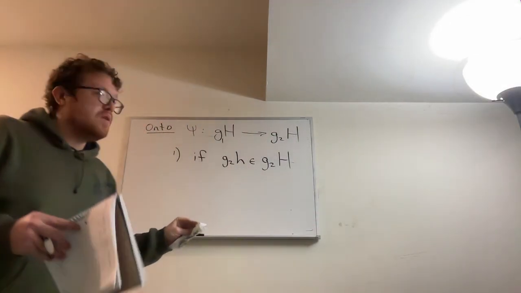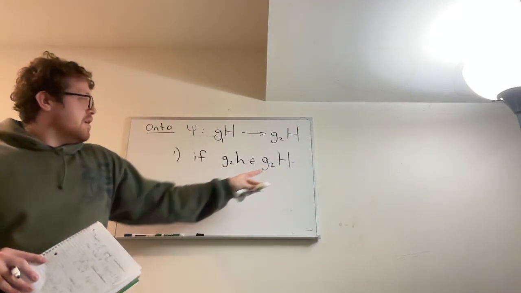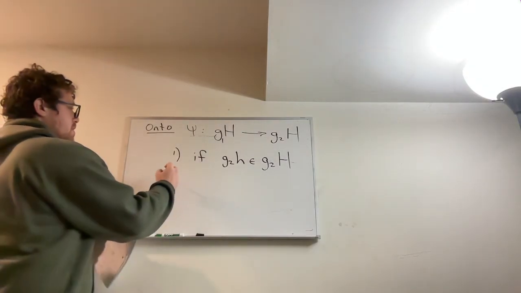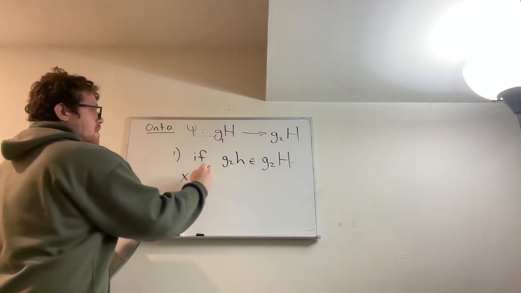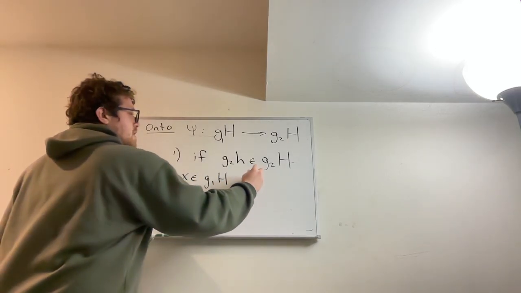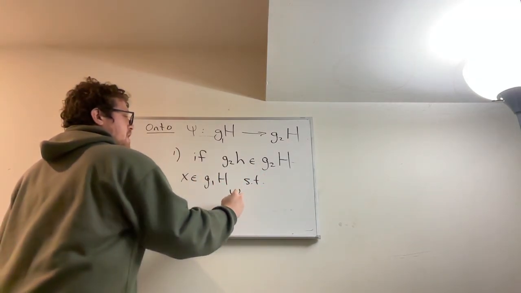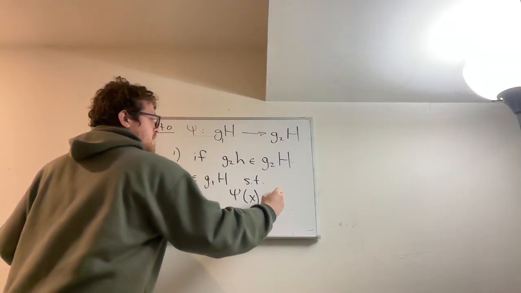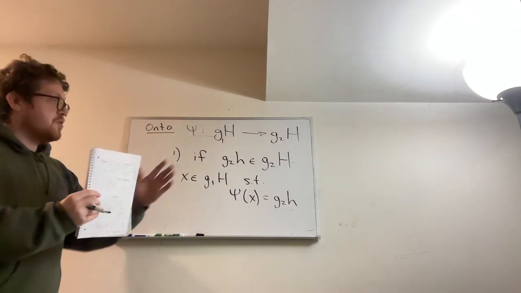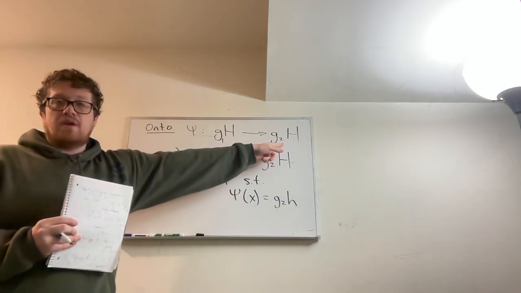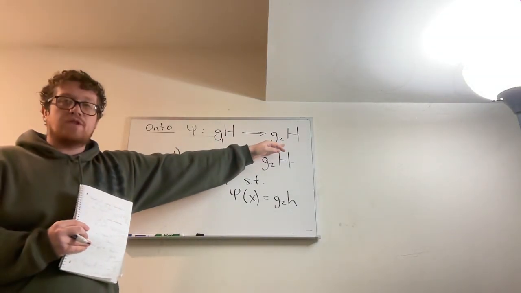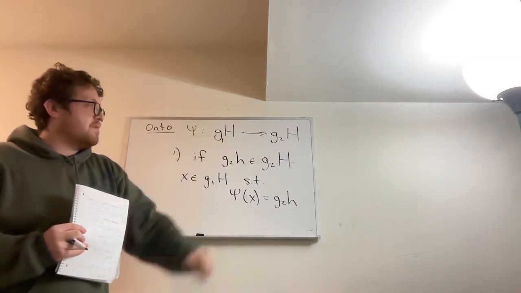Right, so we're picking an element in here, and we just need to find what is the element X in here, G1H, such that when I map it through the function psi, I get exactly G2H. So that will show the onto property because we're picking something in the codomain and we're finding something in the domain that maps to it, and since it's arbitrary here, then something maps to everything.